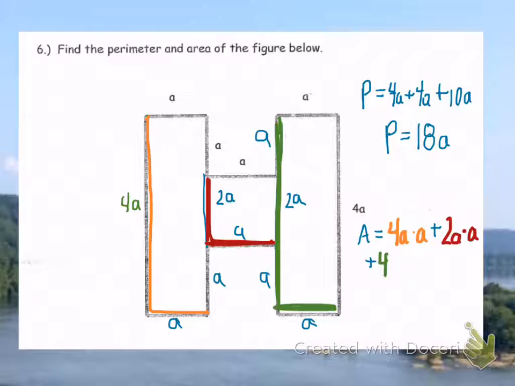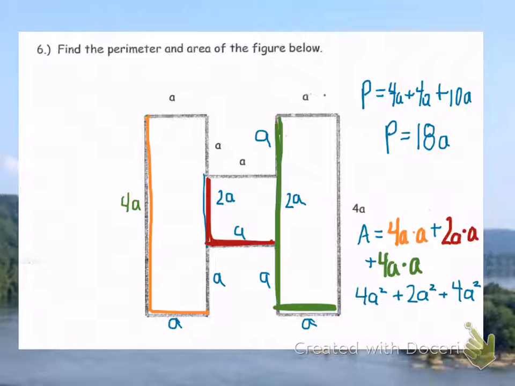So length times width will be 4A times A. When I shorten those, I get 4A squared plus 2A squared plus 4A squared.